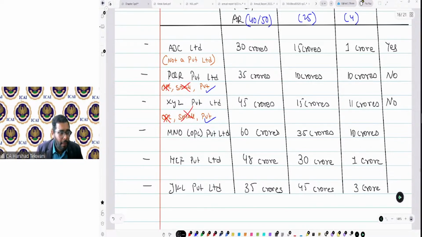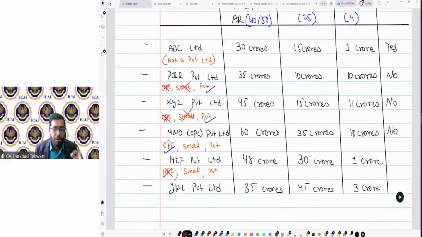Next one, MNO OPC. In case of MNO OPC, it's an OPC by default. I'll not check any other condition, so not applicable. Then HEF. Again, I will check on these three parameters: small, OPC and private. It's not an OPC because usually for an OPC, the name mentions OPC. For small, turnover is more than 40, so it's also not a small company.